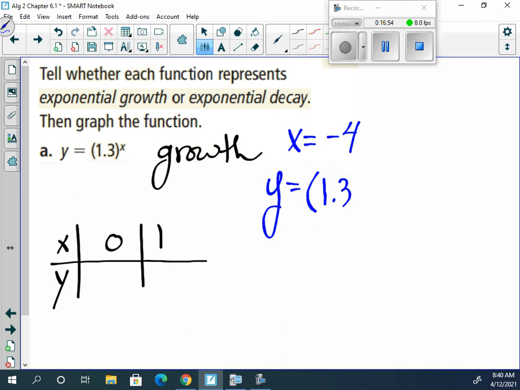So we do 1.3 to the -4. Now for this here, we could do it and this one here is not that bad. We can do 1.3 in parentheses to the -4, hit enter, and it will tell me what the answer is.